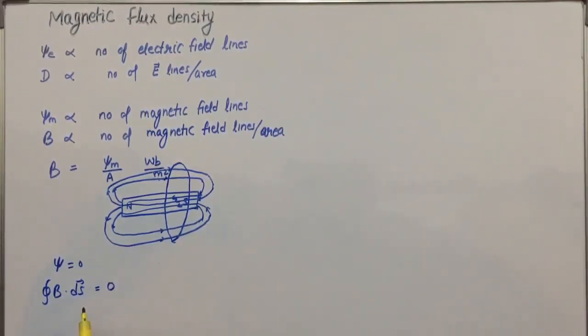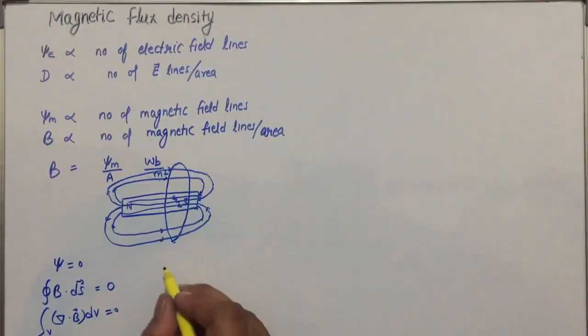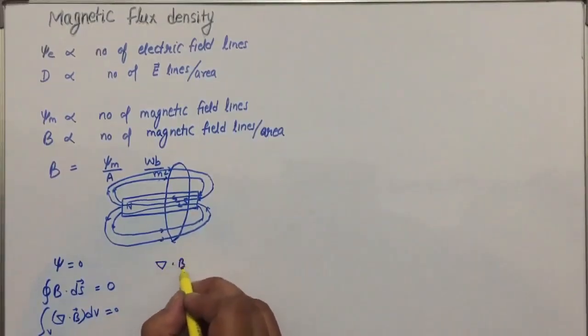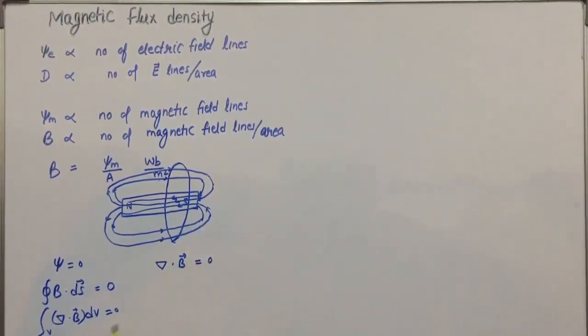And if it is equal to 0, then this in volume integral form, using the divergence theorem if we recall, can be written as the volume integral of del dot B dV, which will be equal to 0. Because it is valid for every volume, we can say the integrand is 0. So del dot B will be equal to 0.